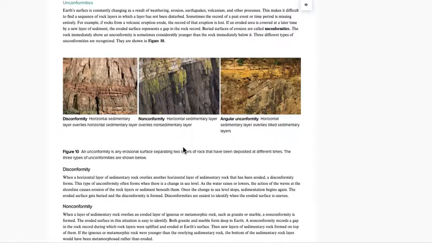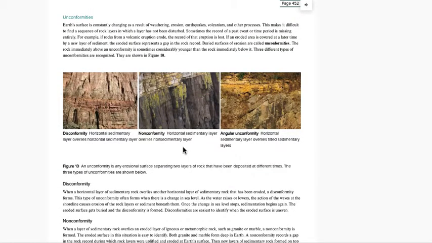Okay, so the next set of things we're going to talk about is unconformities. And that's when there's sometimes things that don't fit the mold like we expect them to. This first one that we're going to talk about is called a disconformity. A disconformity is when there should be a horizontal layer of sediment, but it's been partially eroded and then a new layer came and filled in around it.